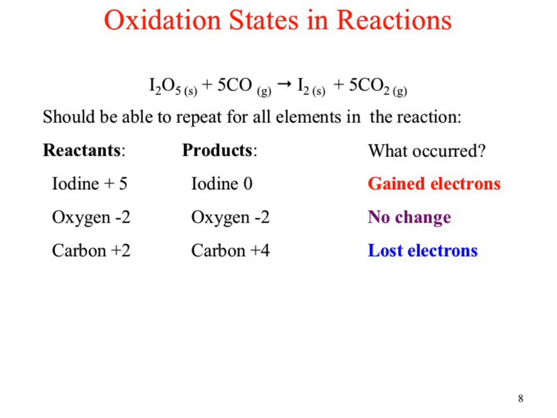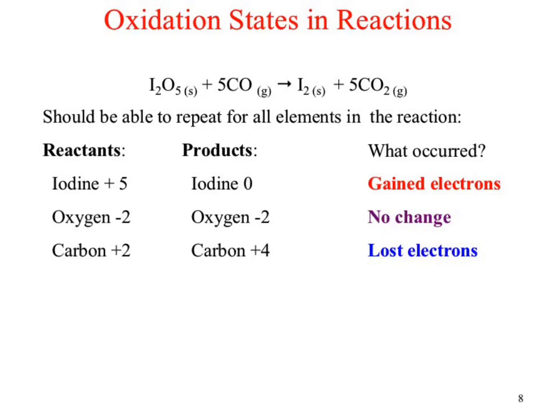So, for instance, I'm holding some numbers up behind my back. Have they changed? You have no idea. Why not? Because you can't see them. When you look at the equation, does anybody see the oxidation states in the equation? No. So what do you have to do? You have to solve for them. How do you solve for them? That equation that I gave you.